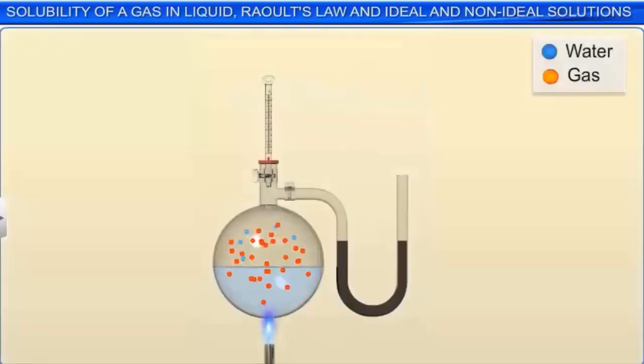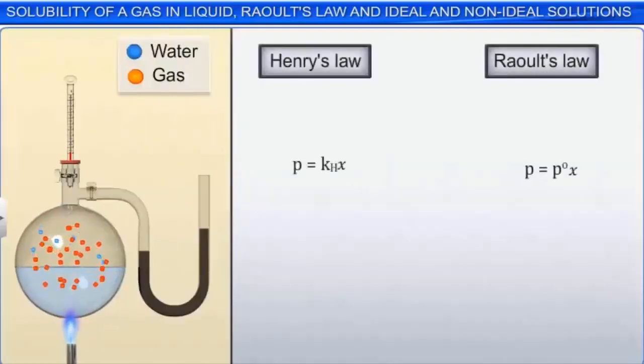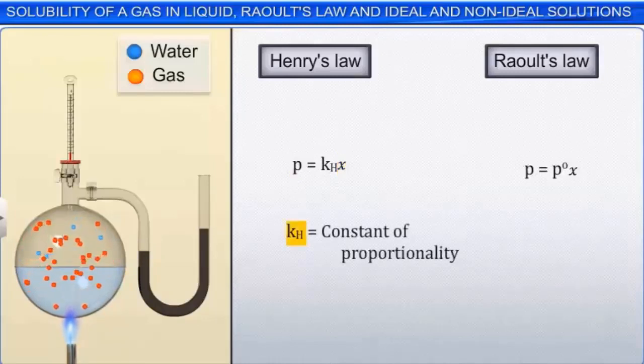Now, if one of the components in the binary solution is considered to be highly volatile, such that it exists as a gas, then, as you know, its solubility is given by Henry's law, P is equal to KH X. As can be seen from the equation, the partial pressure P of the highly volatile component or gas is directly proportional to the mole fraction X, and KH is the constant of proportionality which can be equated to P naught.